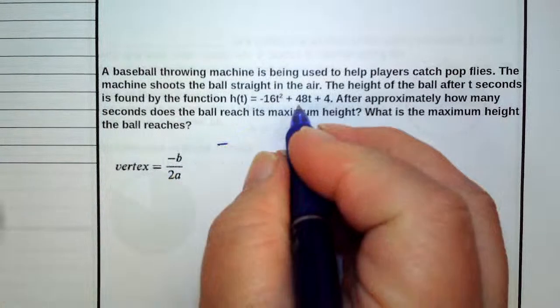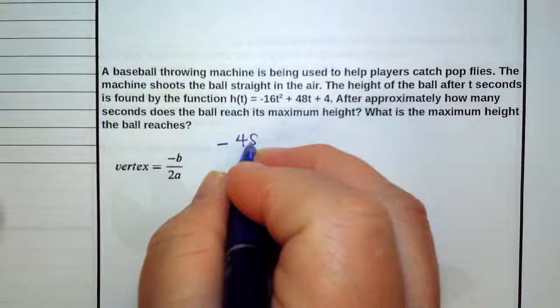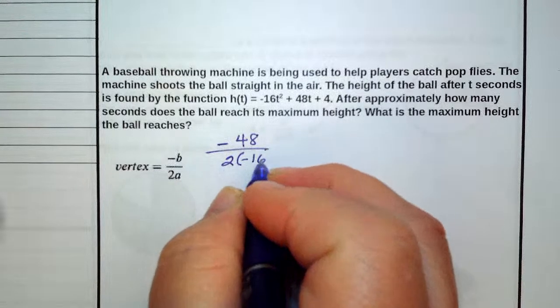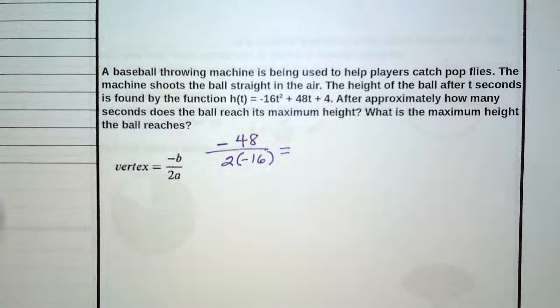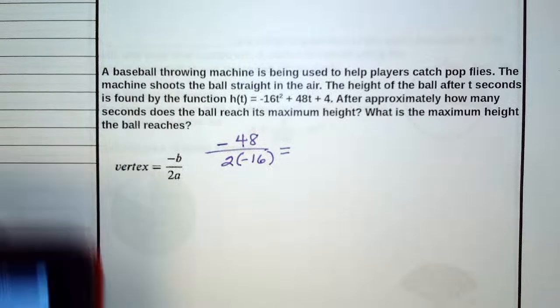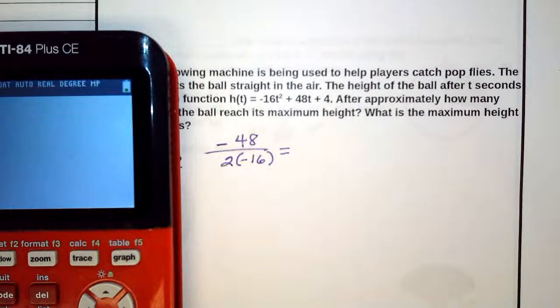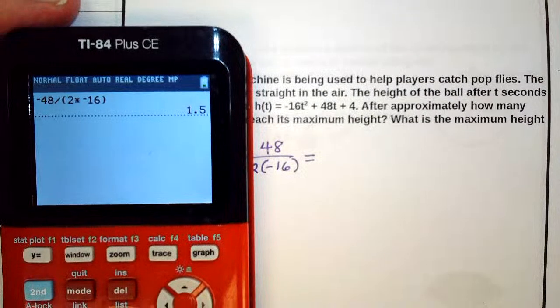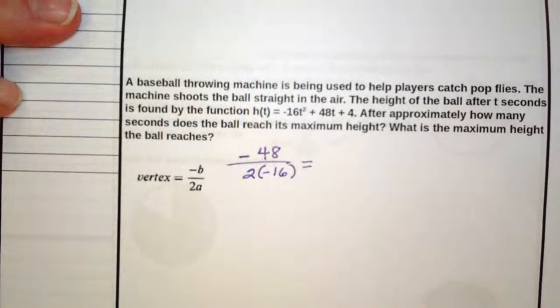So the opposite of b, the opposite of 48, divided by 2 times negative 16. I'm using parentheses. I'm going to do it all at once in my calculator, and I get 1.5.